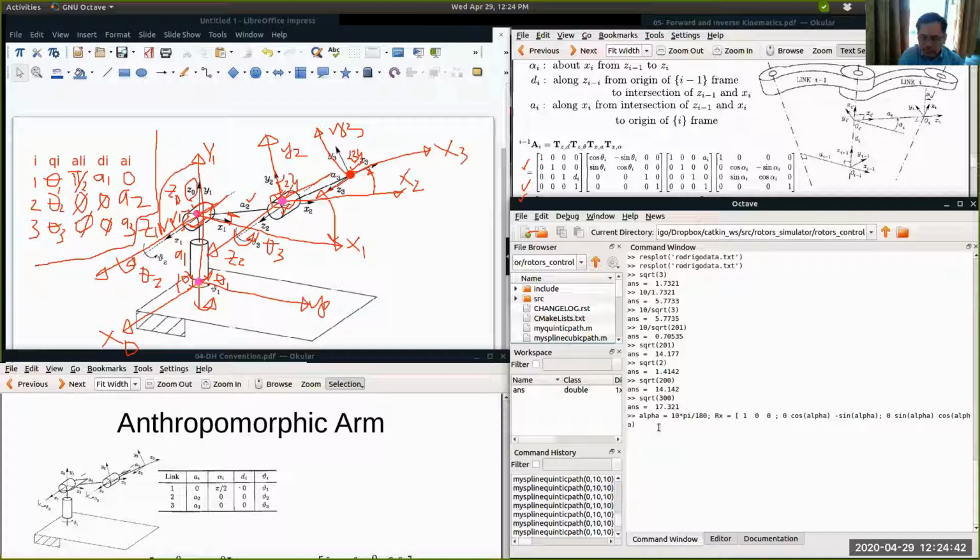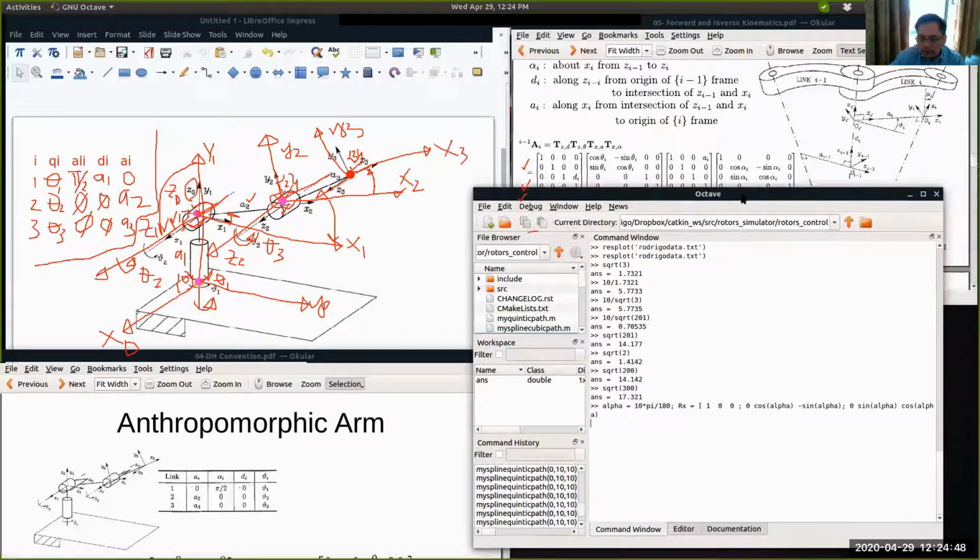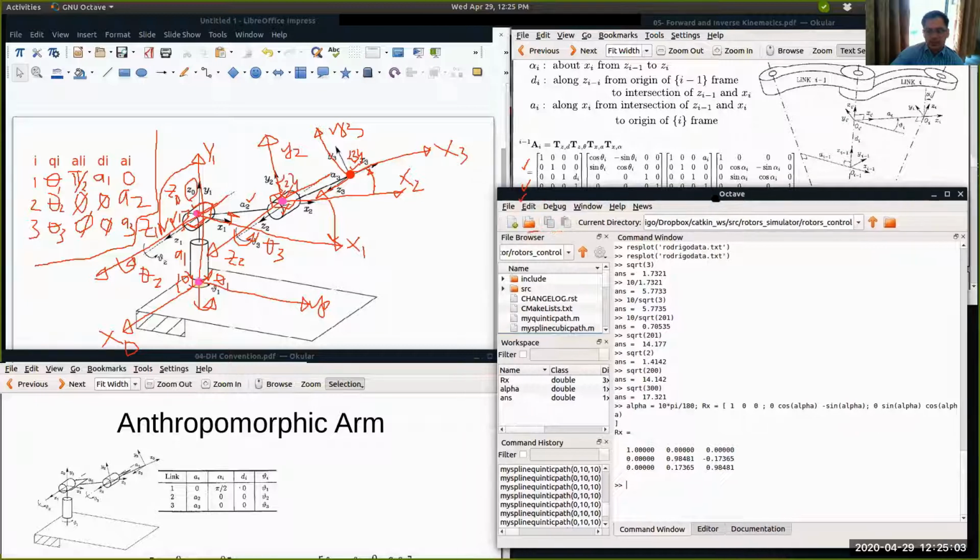Okay, so let's check. How come I cannot enter? There. So that's correct. Around x, that's all 0. And then this is cosine, minus sine, and then sine and cosine. That's x.